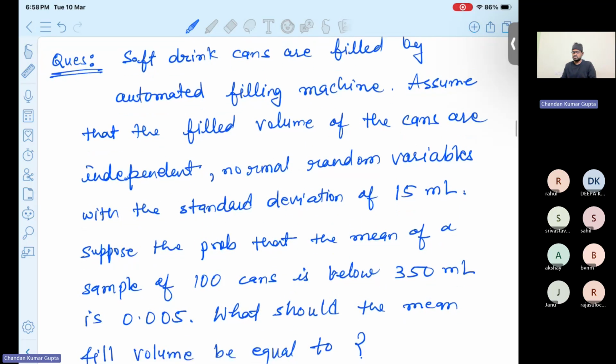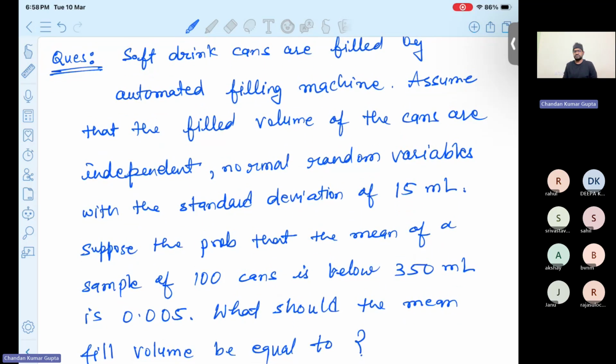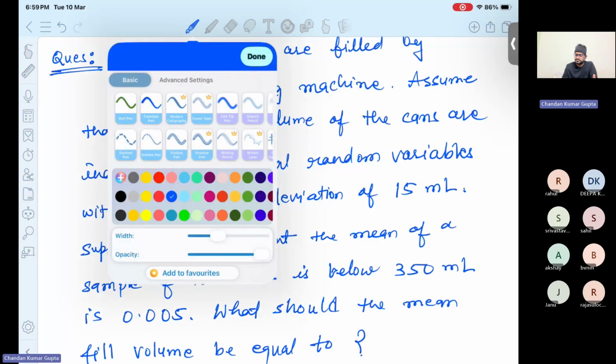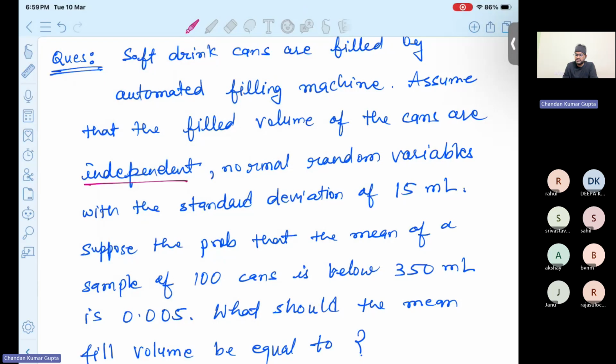Okay, so just try to read the question first. We are given a soft drink can filled by an automated filling machine. Assume that the filled volumes of the cans are independent normal random variables.